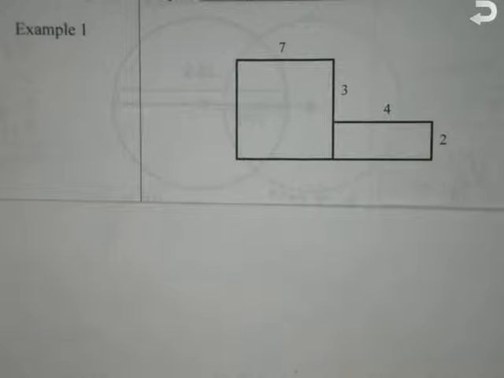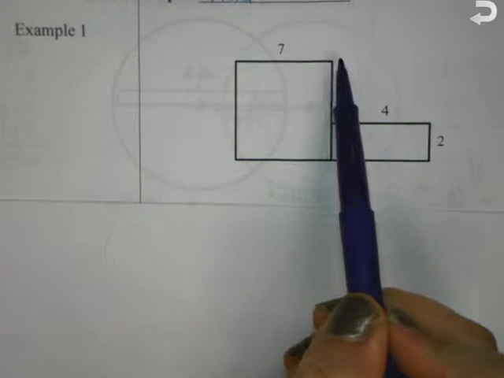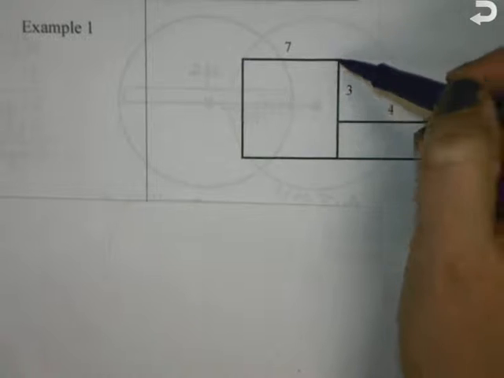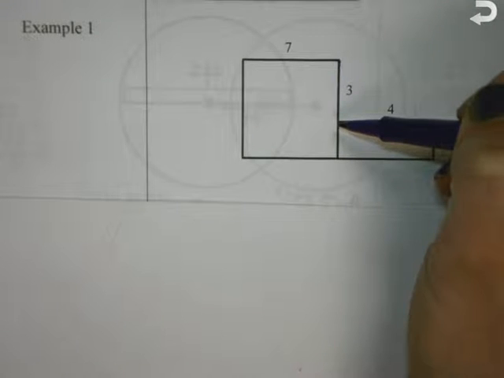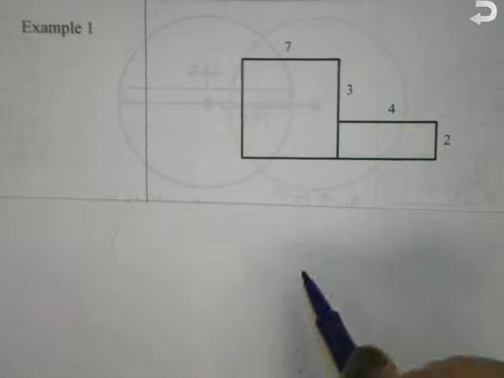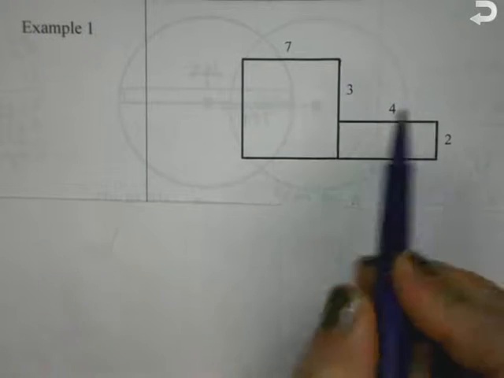Okay, so let's think about it. This length is 7, and for this entire one, I'm only given part of it, which is 3. But I know that this section is 2. So what would this section be? Also 2.